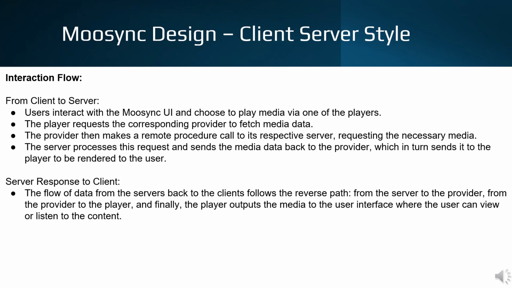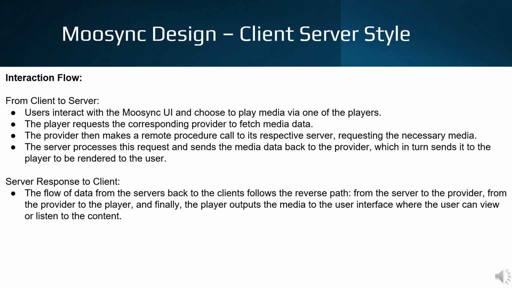In order to understand the interaction flow between the client and the server, the user begins by interacting with the MOOSYNC user interface and selecting media to play through one of the available players. When a user makes this selection, the player sends a request to the corresponding provider to fetch the media data. Then the provider initiates a remote procedure call to its respective external server, be it YouTube, Spotify, or Last.fm, requesting the necessary media.